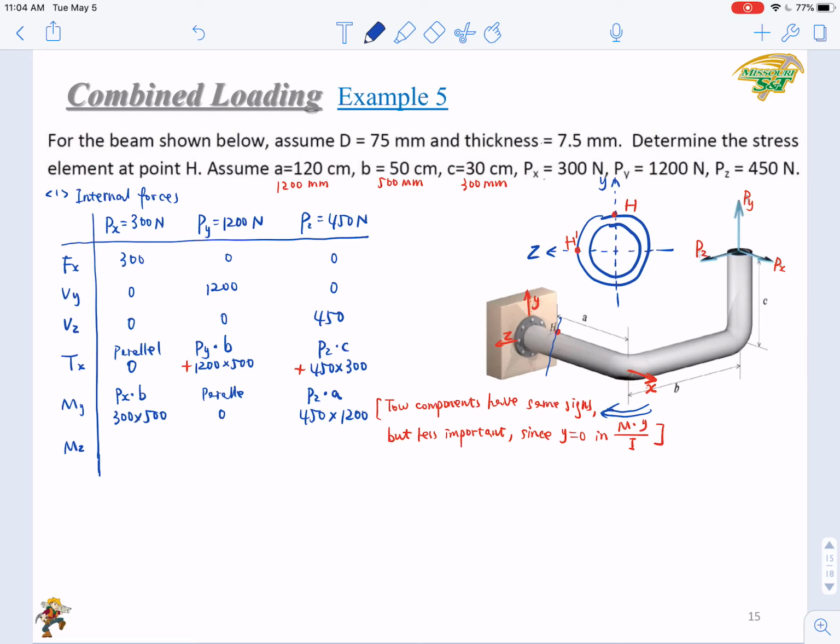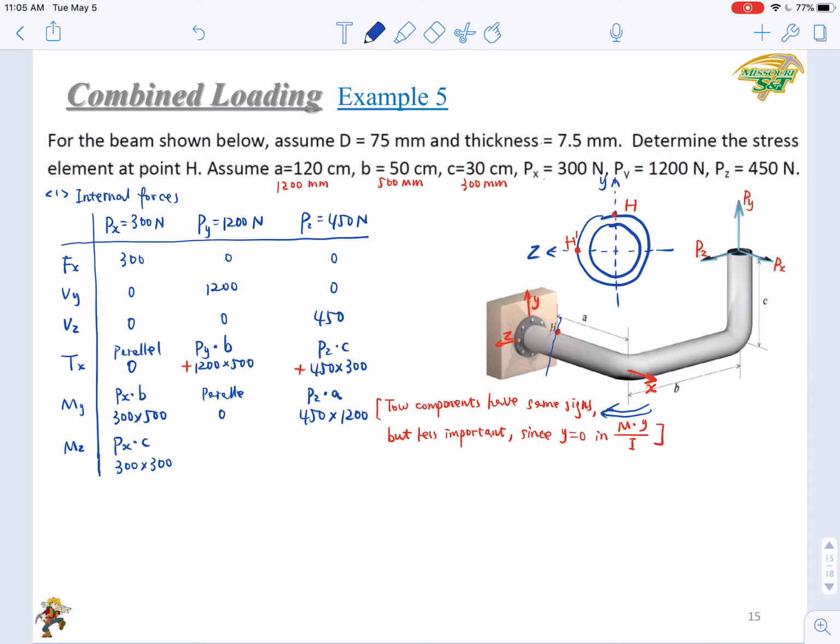Does Px make Mz? Of course it will make Mz, right? What is the arm? A, B, or C? It will be C, right? So here it will have Px times C, or 300 times 300.